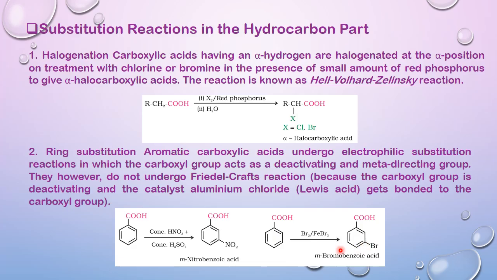However, benzoic acid does not undergo Friedel-Crafts reaction because the carboxyl group is a deactivating group and the Lewis acid catalyst utilized in Friedel-Crafts reaction gets bonded with the carboxyl group and we are unable to obtain the acyl product.